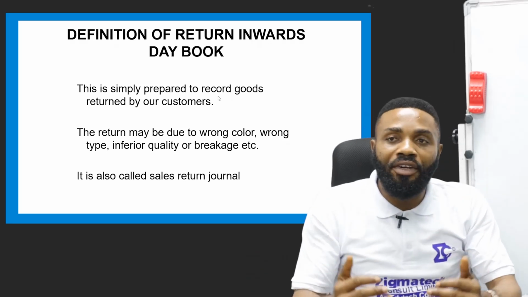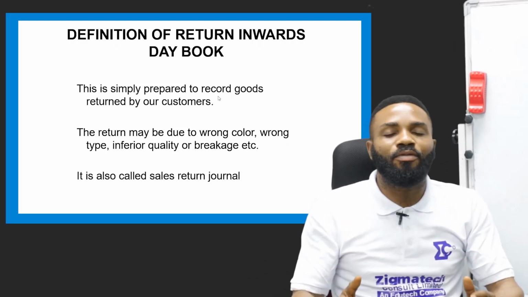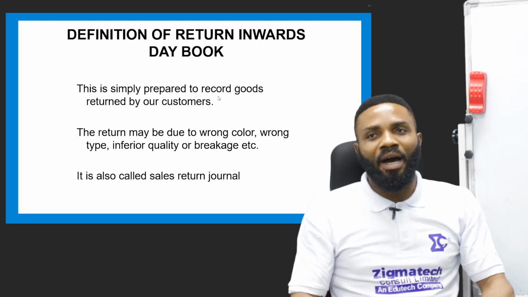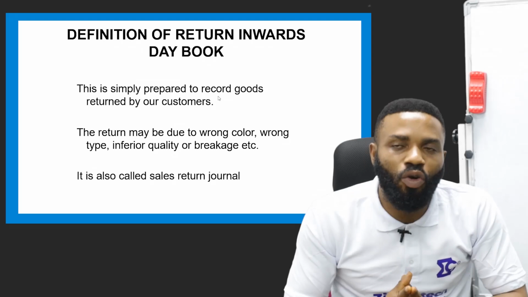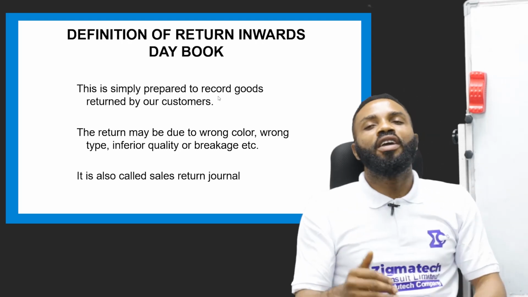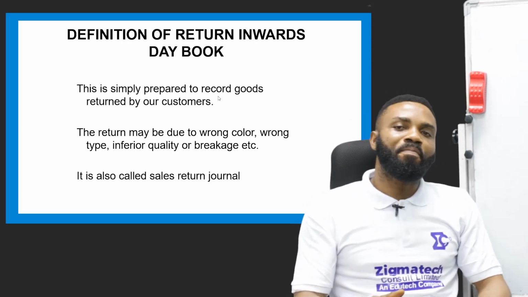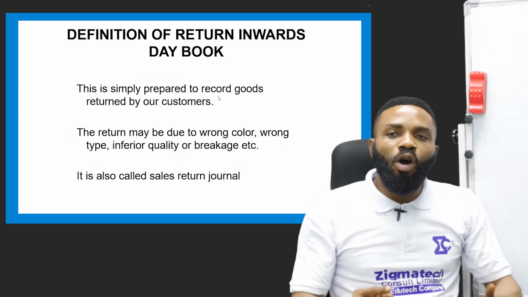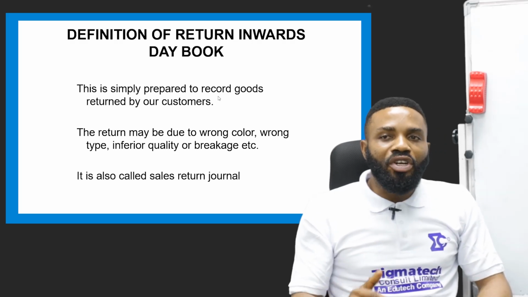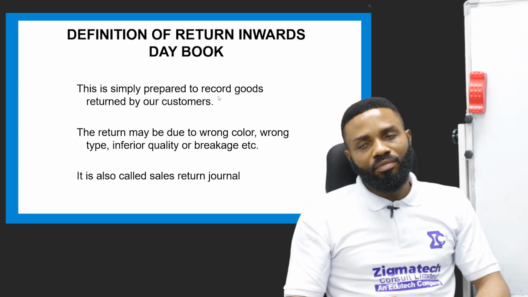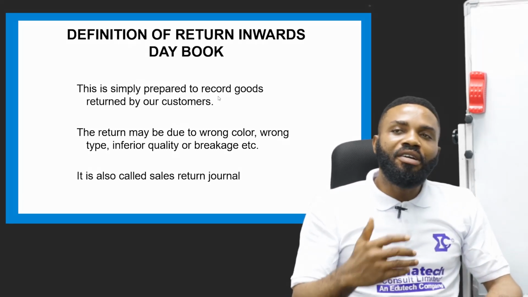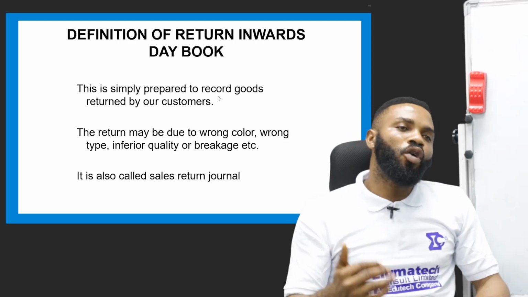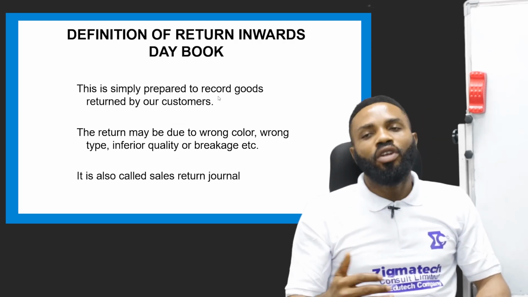So when these goods are returned back to us, there is need for us to record them. And the book that is used to record this transaction is what we call the return invoice daybook. Now, we can also call this book sales return journals. So you can either call it return invoice daybook or you call it sales return journals.